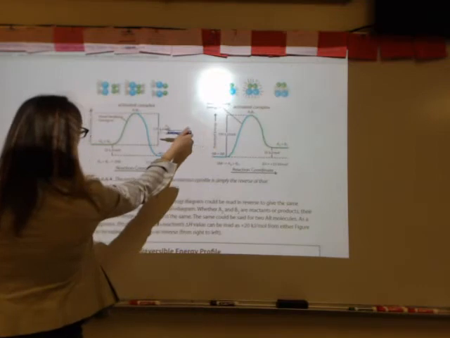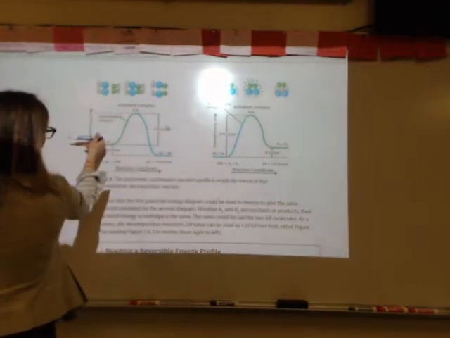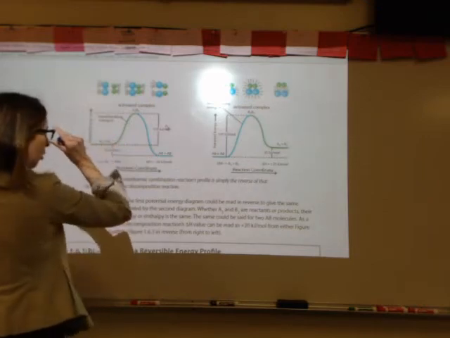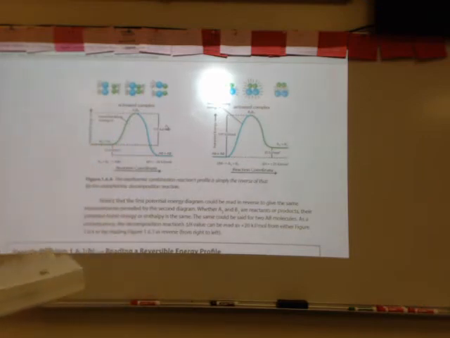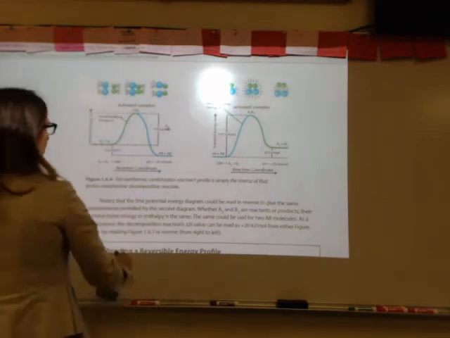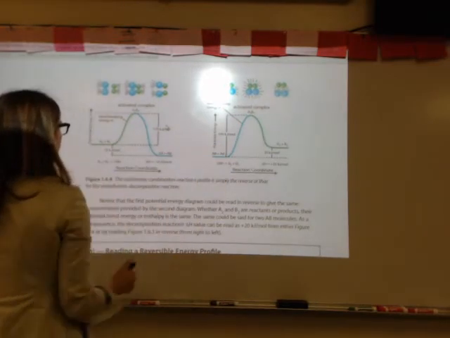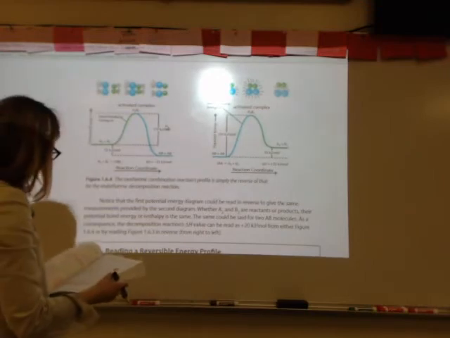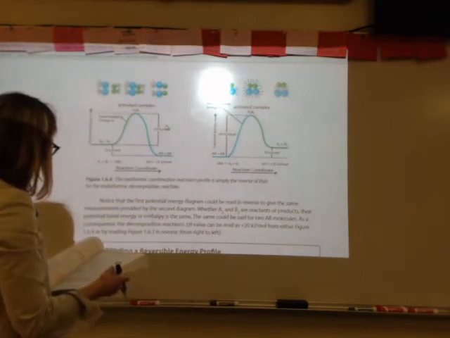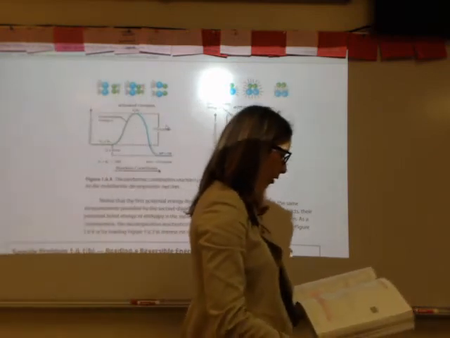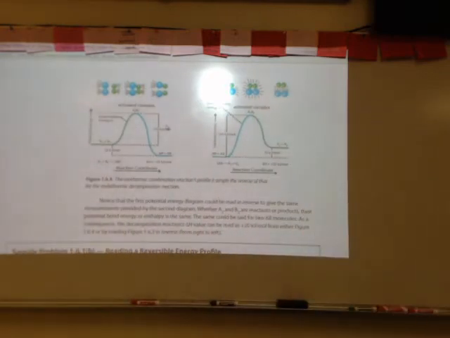If I were to move in the reverse direction, from right to left, that would be an endothermic curve, because my products are ending up at a higher point. Now, they simply took this and they reversed it to show you what the reverse reaction would look like. Okay? But potential energy diagrams can often be read in reverse order.